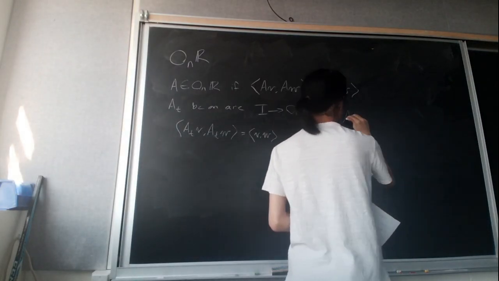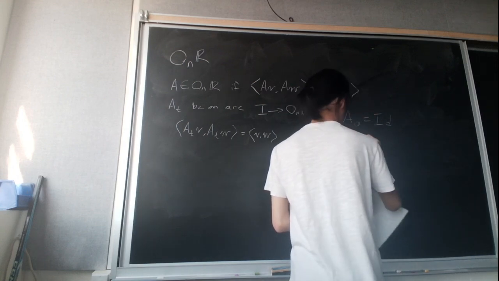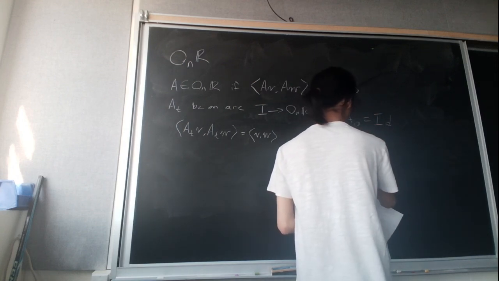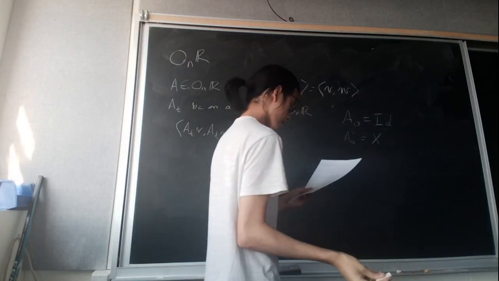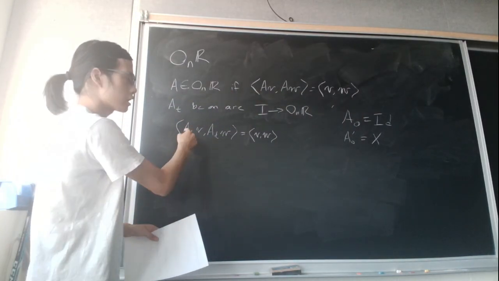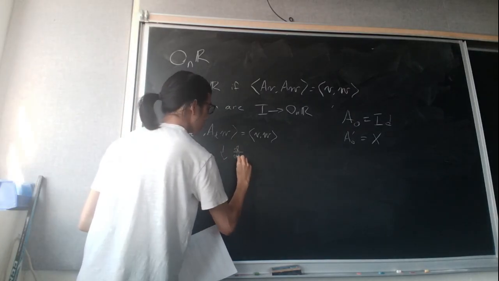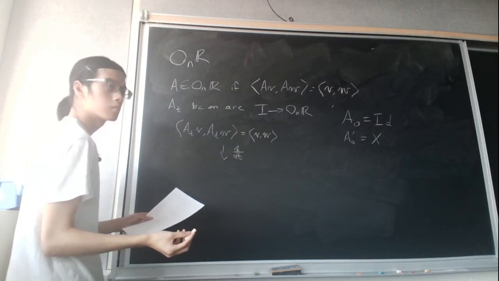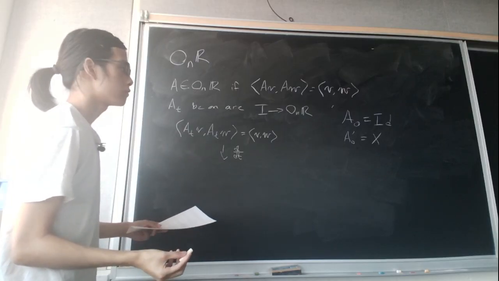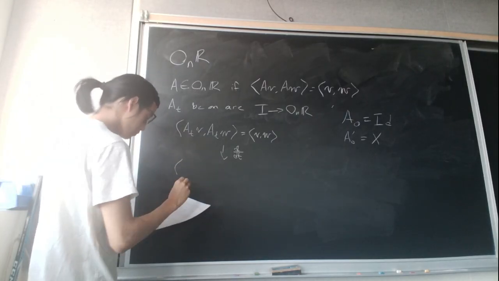I should write that A0 is the identity matrix and A0 prime is equal to x. So take a derivative of both sides of this.